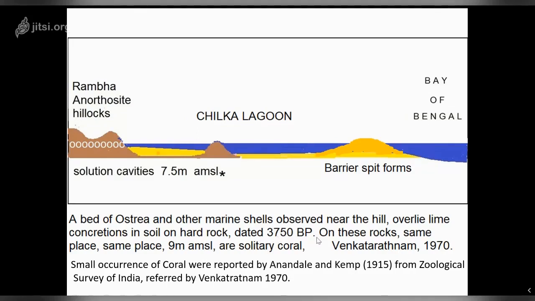We now understand how Chilka evolution took place and the formation of the spit, which grew from the sediments dumped by Rushikulya River, and it started and was taken over by longshore current, and then Chilka Lake came into being.